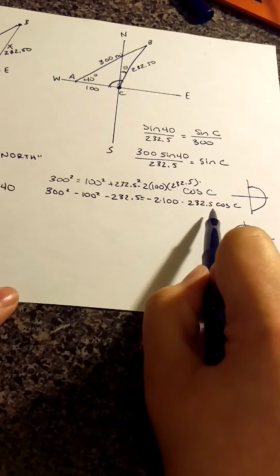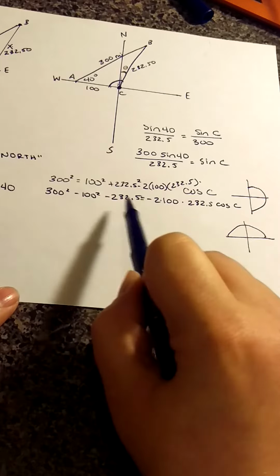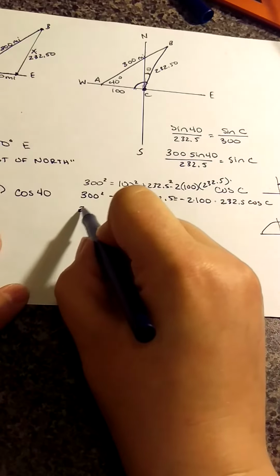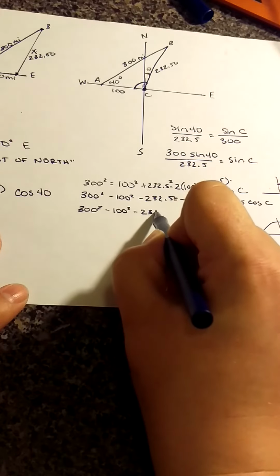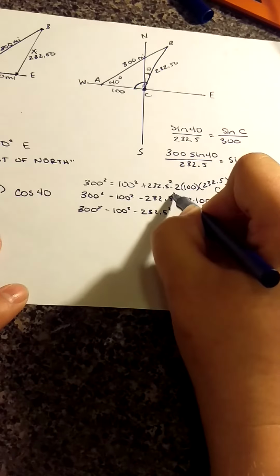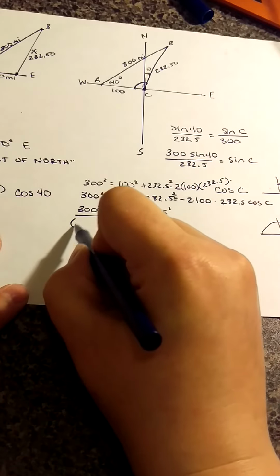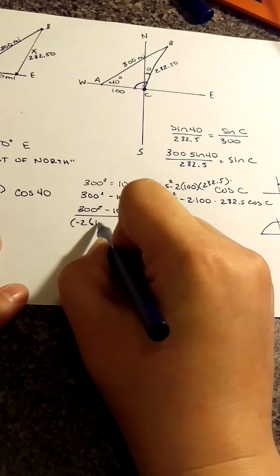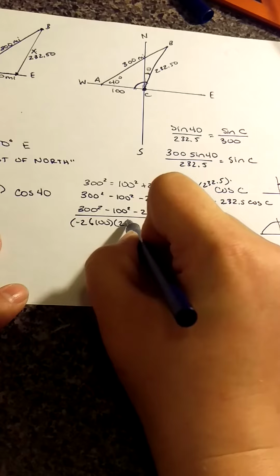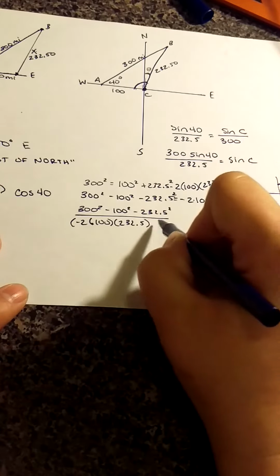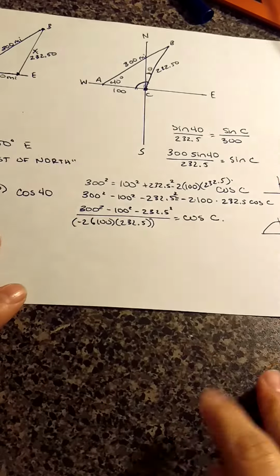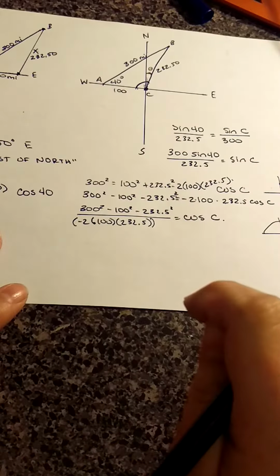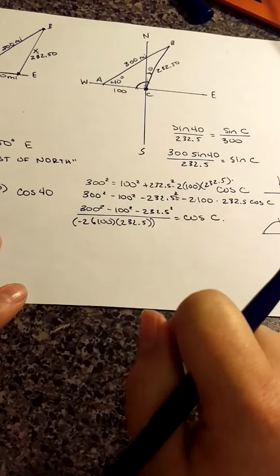This is all a coefficient in front of the cosine, so we need to divide it now. Okay, and then I'm going to take the cosine inverse of both sides. Now I'm just going to do that in the calculator.